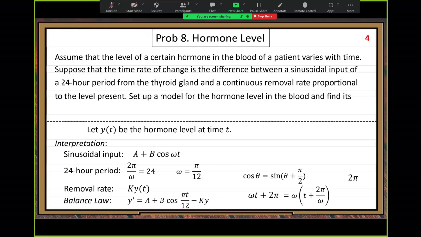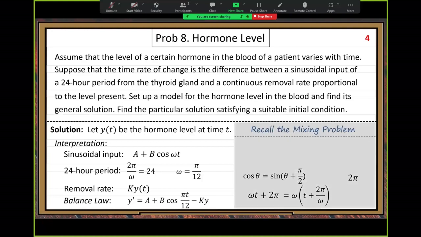Set up a model for the hormone level in the blood and find its general solution. Find a particular solution satisfying a suitable initial condition.